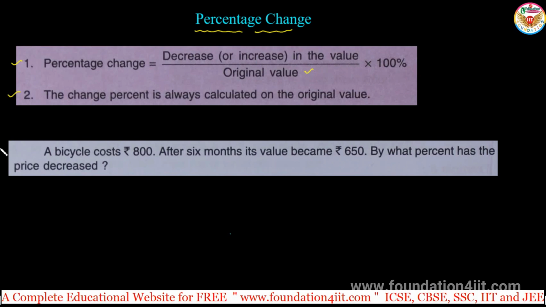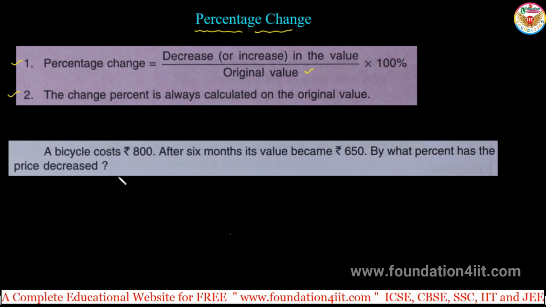See the problems, you will understand. A bicycle cost 800. After 6 months, its value became 650 rupees. By what percentage has the price decreased? So there is a change in price, right? But it's a decrease, so we can find the decrease percentage.